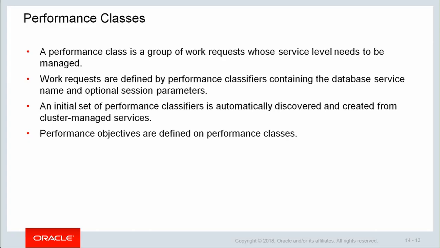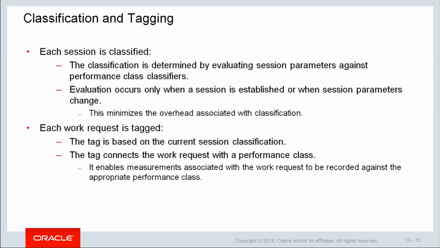Then we set performance objectives in each performance class. And each work request in each session will be tagged. So if a session requests any work, Oracle will know which performance class this session belongs to, and then we can control the performance of a service by doing so. So each session is classified, and each work request is tagged.